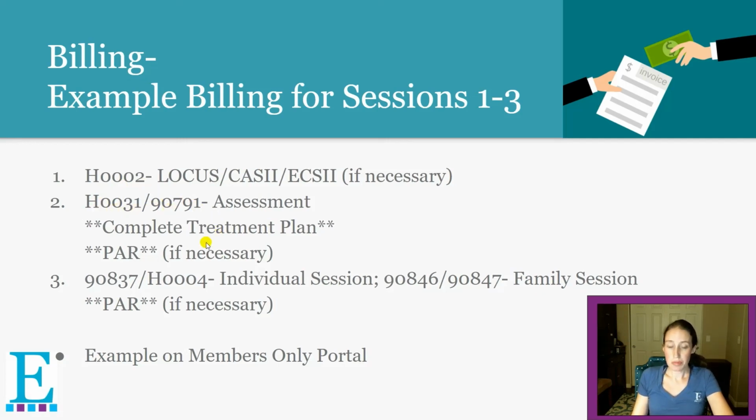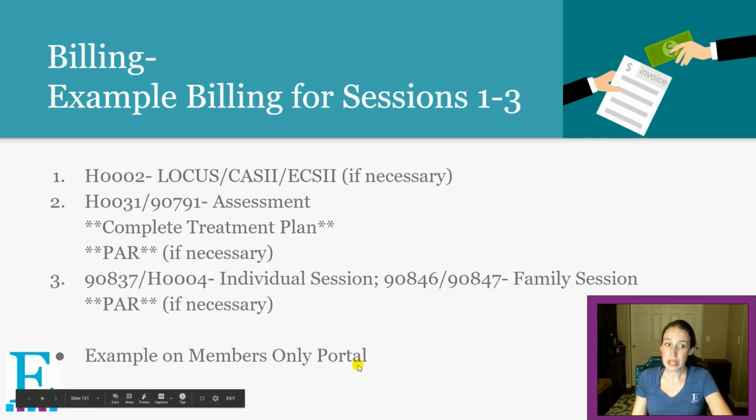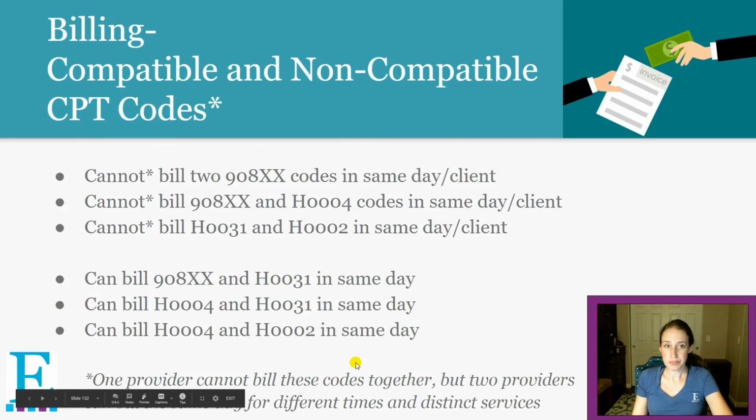You're doing your treatment plan, maybe a PAR, and then you're billing for your sessions, either an in-office session or an in-home session or a family session, and then maybe also doing a PAR. You can submit billing for a PAR for reimbursement on your cover page. And there's examples of this billing on our members only portal.